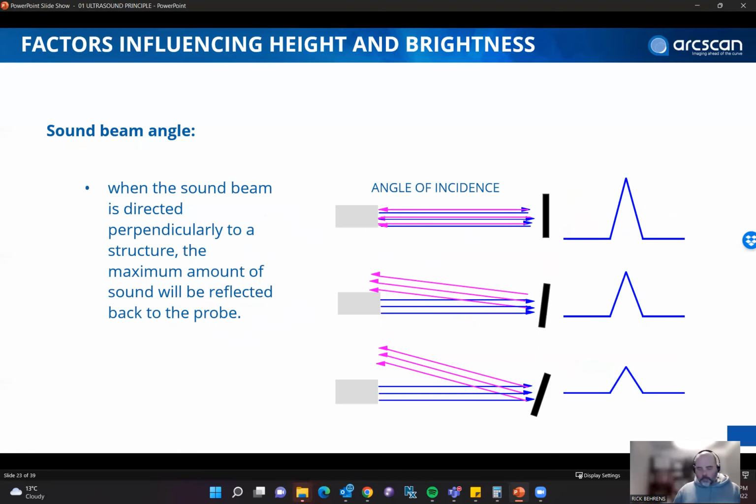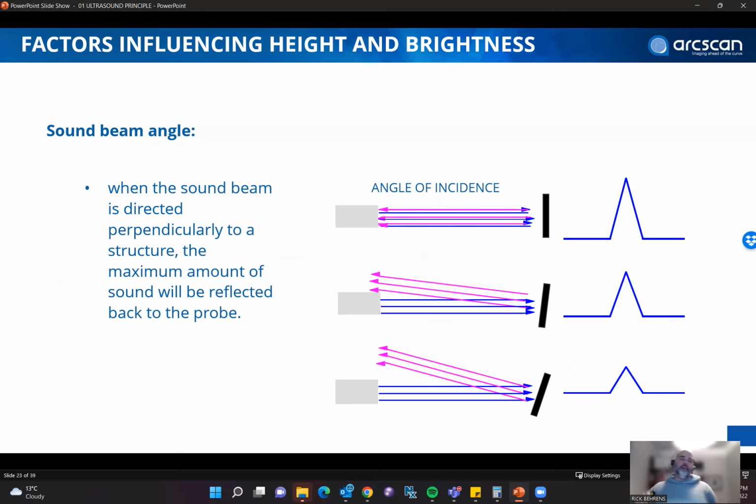Now, there are some factors that will influence the quality of the scan and the quality of the image.